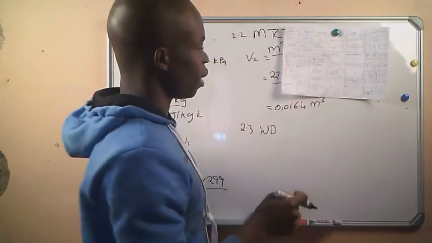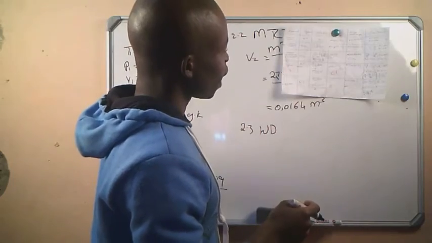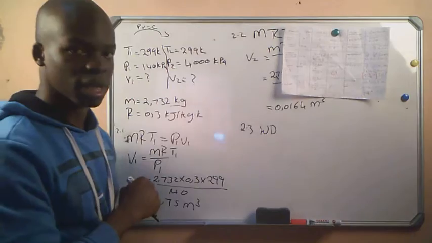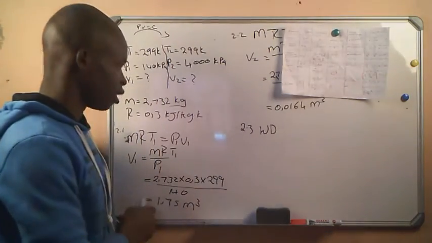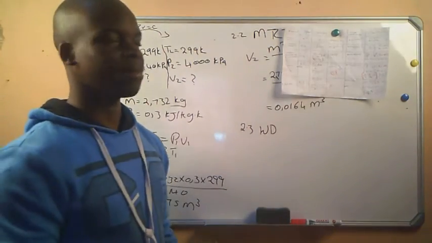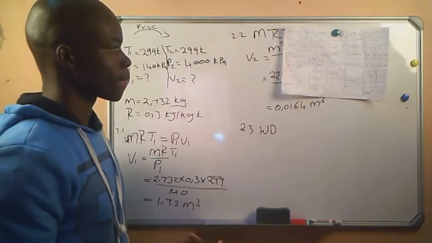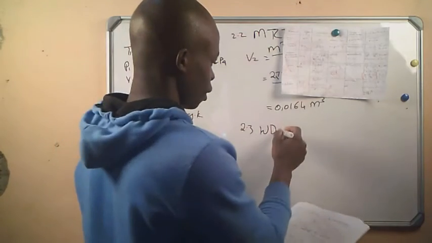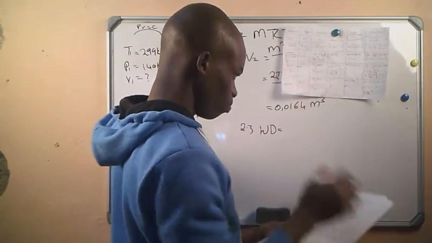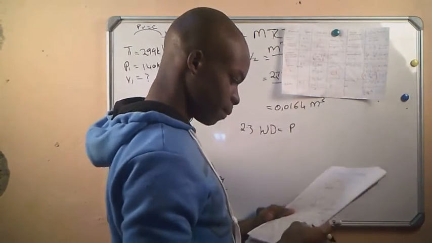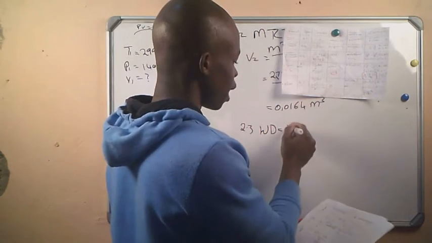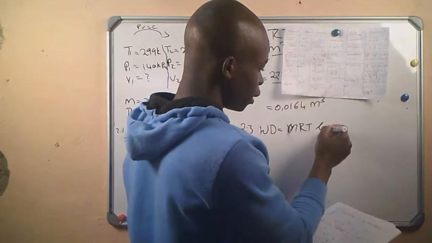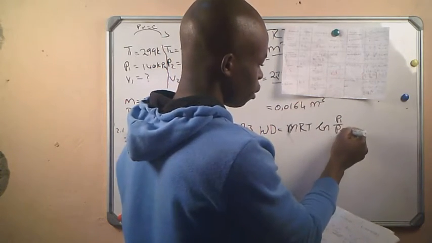We have the equation that involves using the volumes that we just calculated. But since this information was originally given in the statement, I suggest we use the one that says MRT ln P1 divided by P2.